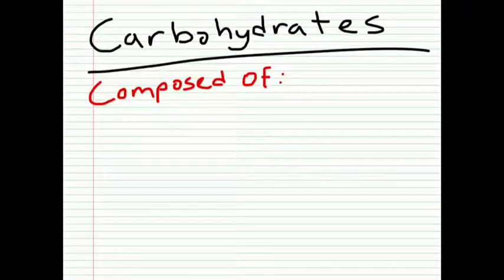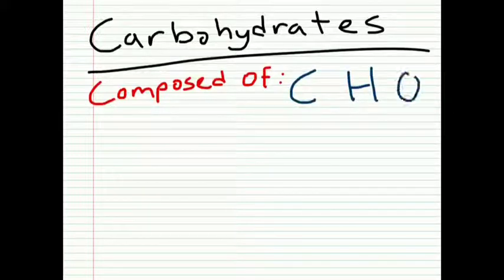So let's start off with carbohydrates. We're going to come to find that all the macromolecules have a few things in common. Most basically, carbon, hydrogen, and oxygen. All of the macromolecules are composed of carbon, hydrogen, and oxygen.